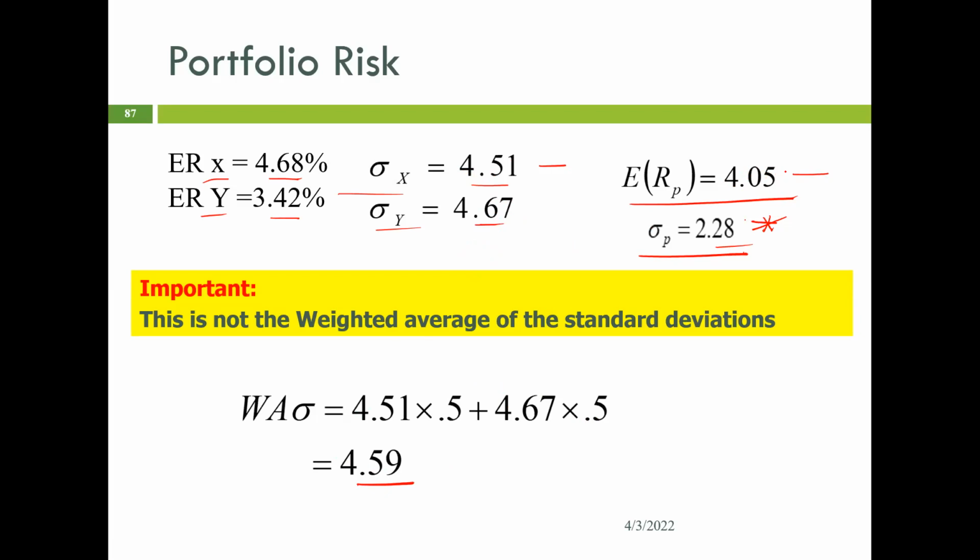Remember that we calculate the portfolio expected return by considering the weighted average of the expected returns of the individual stocks. But when it comes to the portfolio risk, if you calculate the weighted average standard deviation, it is 4.59: 50% from 4.51 and 50% from 4.67.